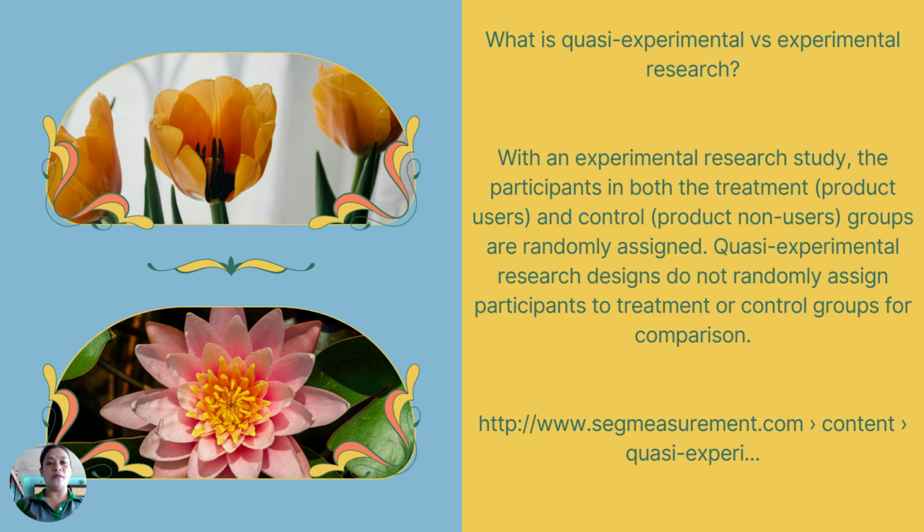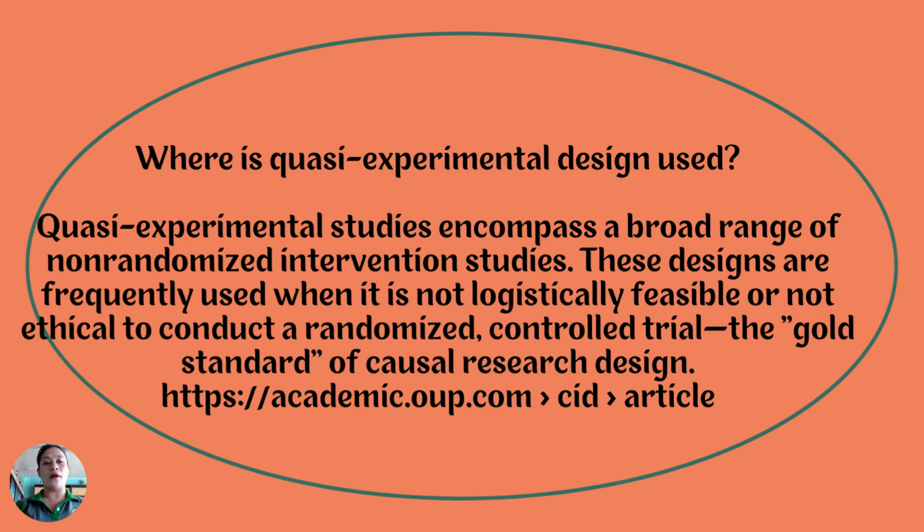What is quasi-experimental versus experimental research? With an experimental research study, the participants in both the treatment or product users and control or product non-users groups are randomly assigned. Quasi-experimental research designs do not randomly assign participants to treatment or control groups for comparison.